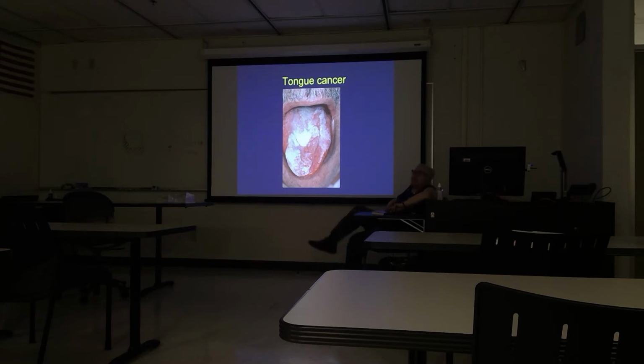It's not really thrush, because thrush, remember, is a fungus, but it looks like it. Basically leukoplakia is a precancerous condition. It's white areas, but this is tumor here, and definitely here.